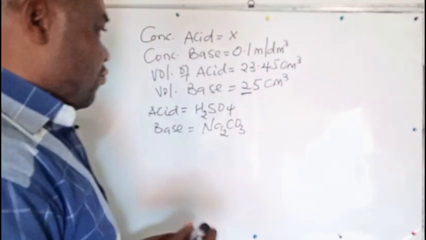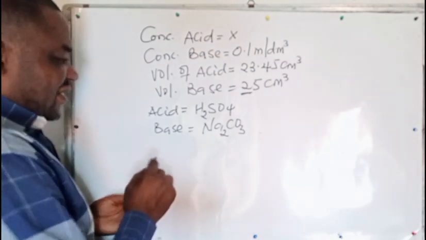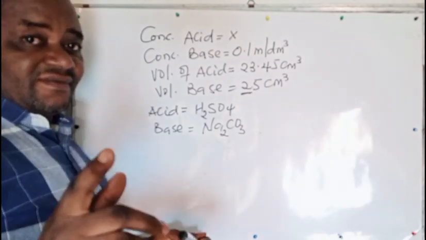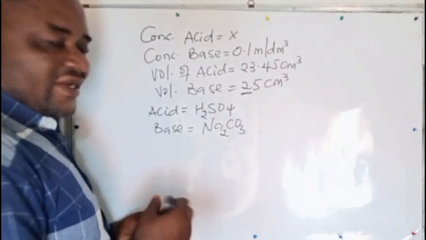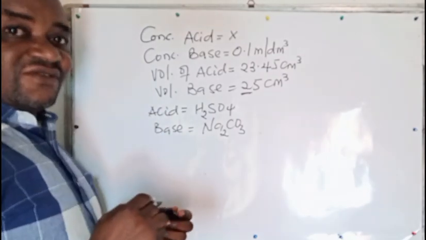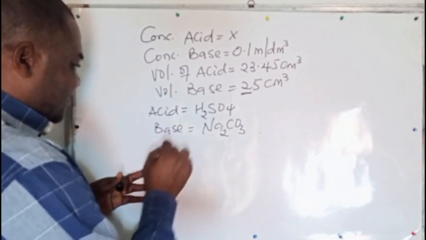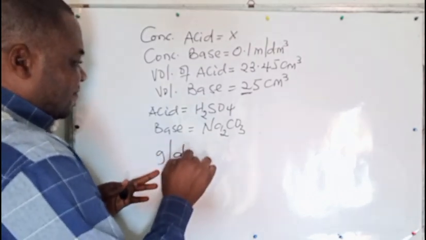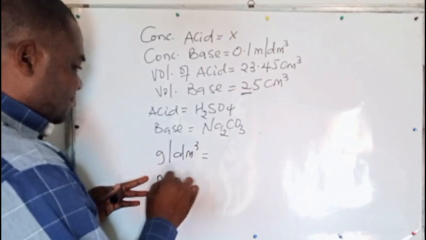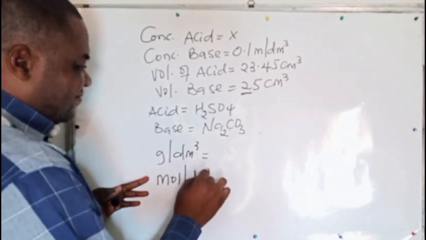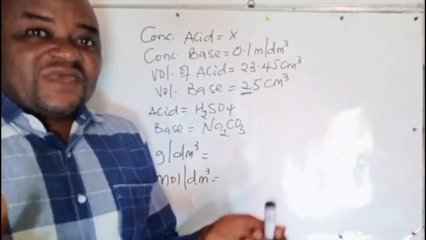There is something we must know: in calculating concentrations, two formulas play an important role. You can calculate the concentration of an acid in grams per dm cube, or you can calculate it in moles per dm cube. What do we mean by that?